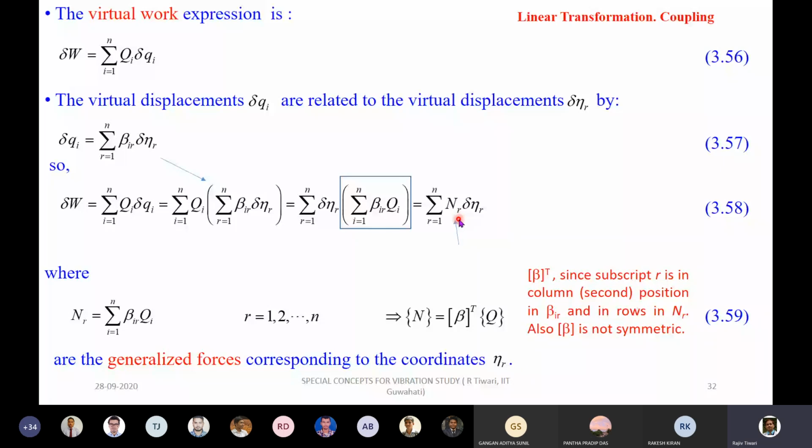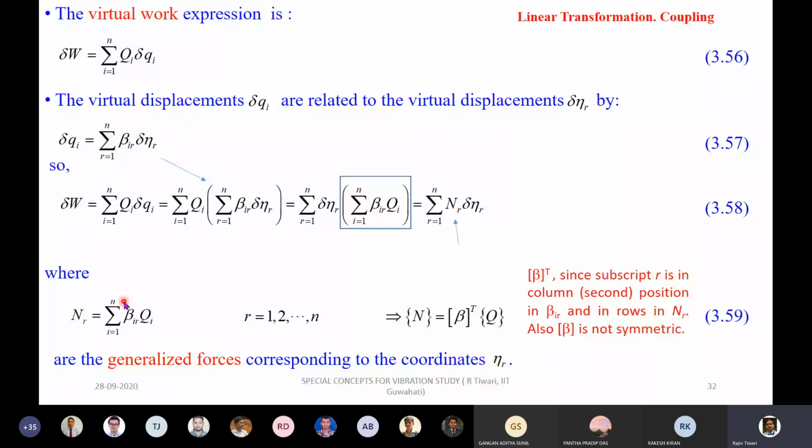Earlier it was capital Q, now it is capital N, and N_r is defined by the term within the bracket, which is written here. So now you can see the new generalized forces expressed in terms of the old generalized forces with the help of those beta coefficients of the transformation matrix. And N_r can take values from 1 to n, so we have n such relationships.